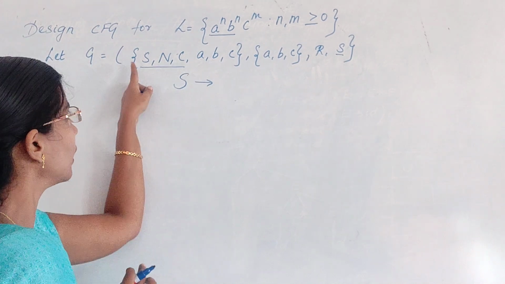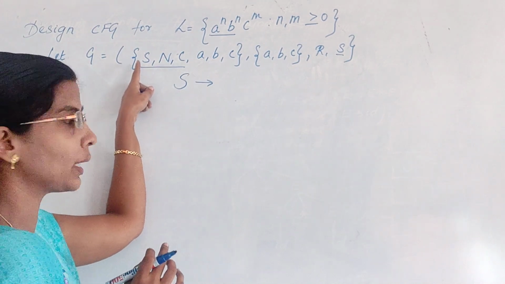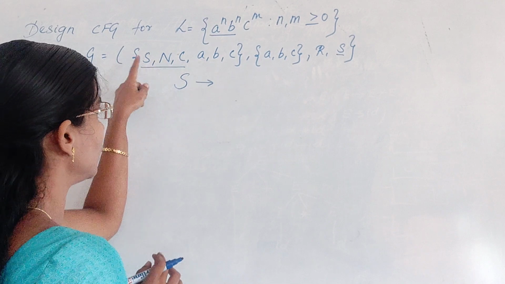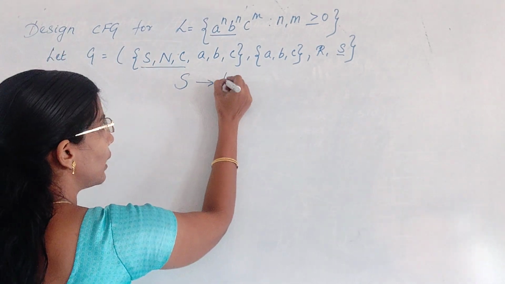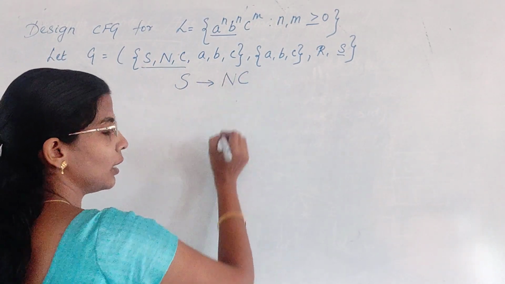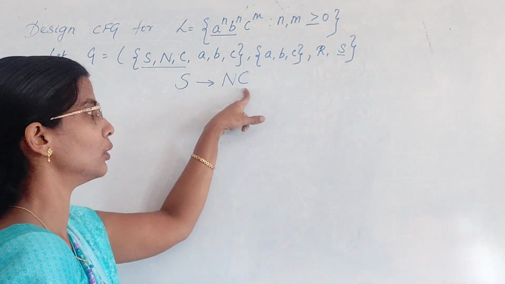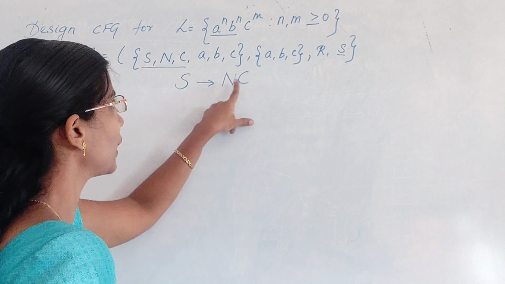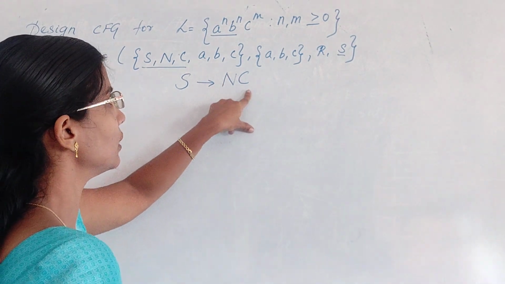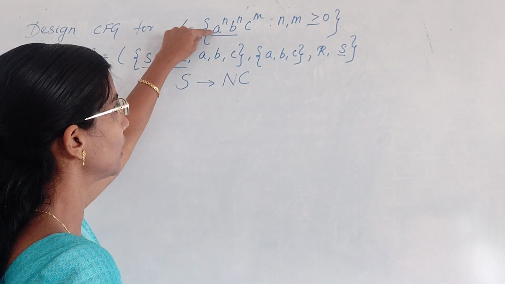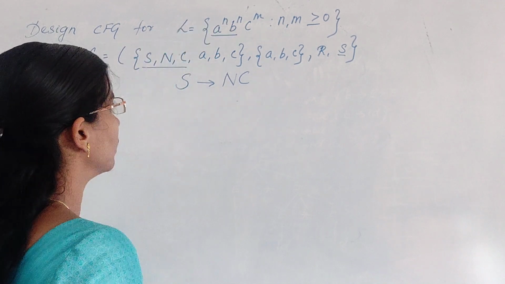Only 3, because non-terminals are uppercase letters: S, N and C. So S tends to N C, two regions. With these two regions, what should I generate? I should derive A and B.